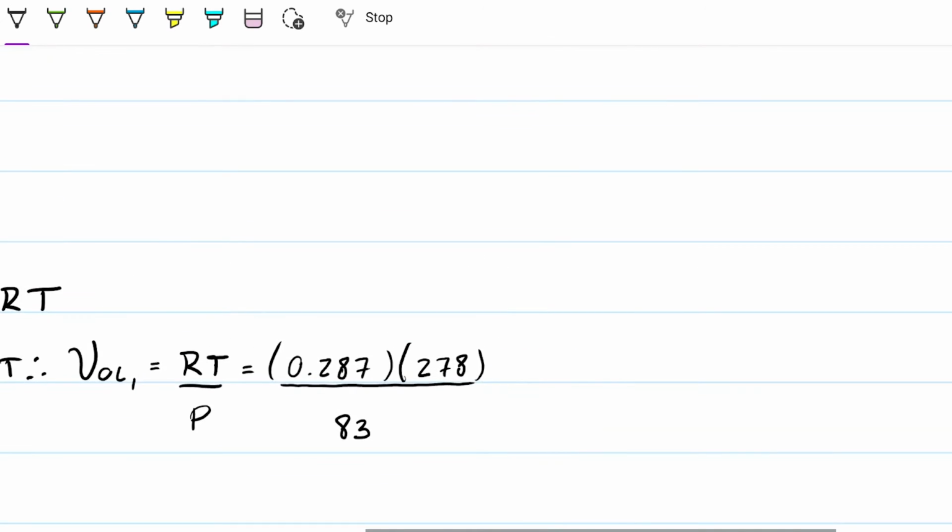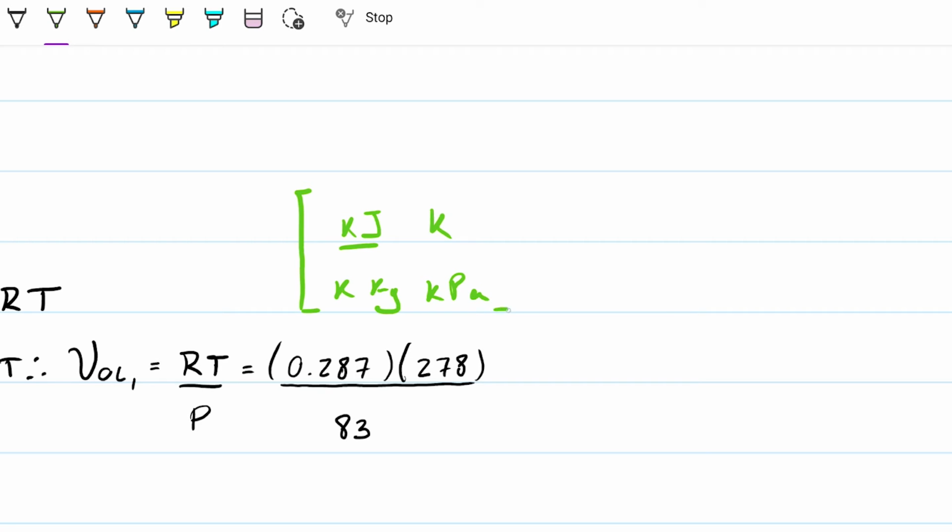Okay. What happens here, unit-wise, is that we have kilojoules per Kelvin per kilogram multiplied by the Kelvin, and the whole thing divided by kilopascals. So Kelvin and Kelvin, kilo and kilo, and then joules and pascals becomes meters cubed.